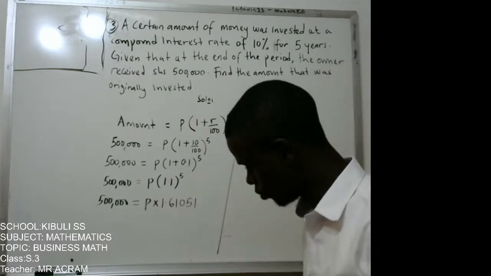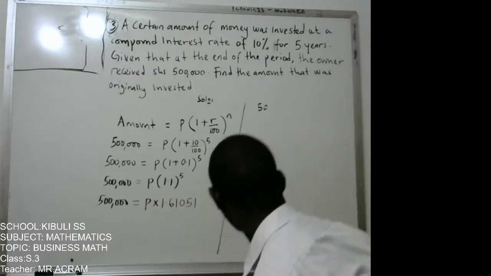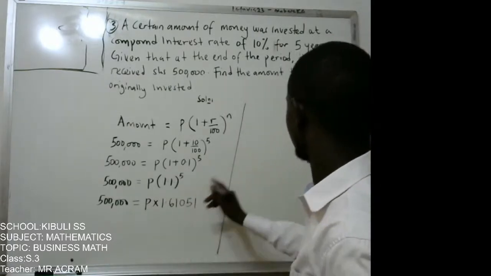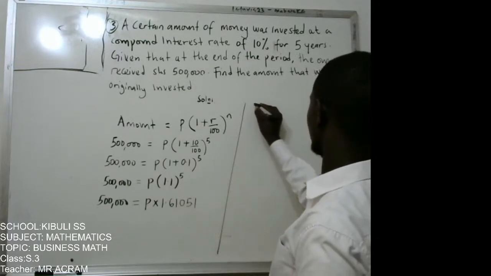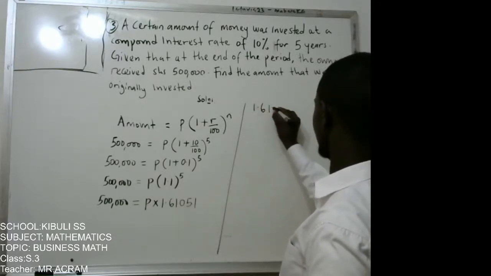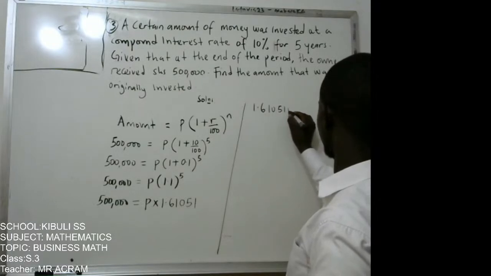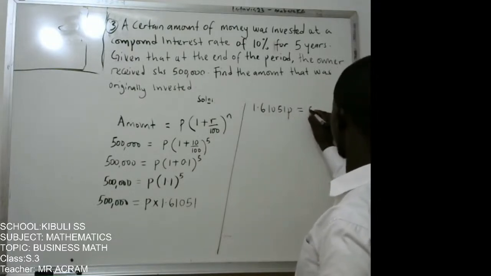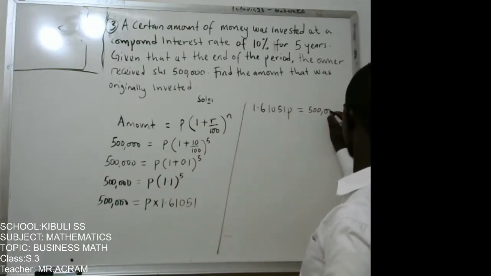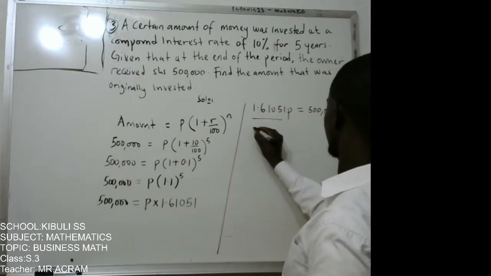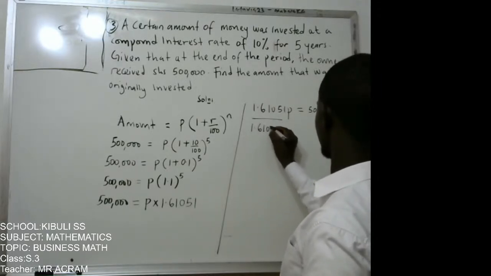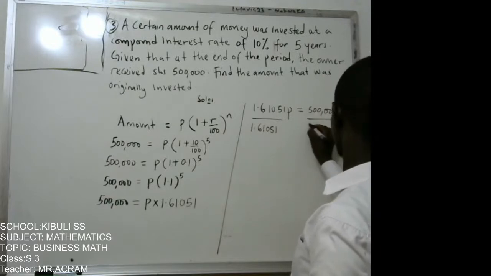Let me start with the side where P is, okay? So it is 1.61051 P is equaling to 500,000. Then we divide by 1.61051 on both sides.